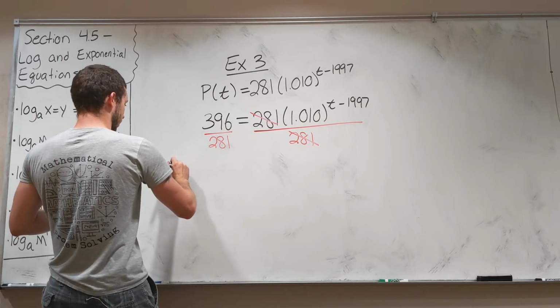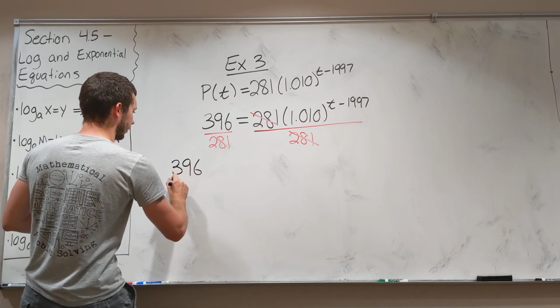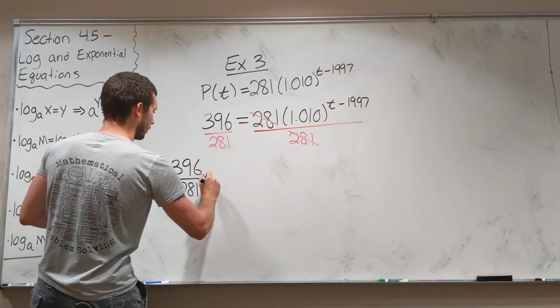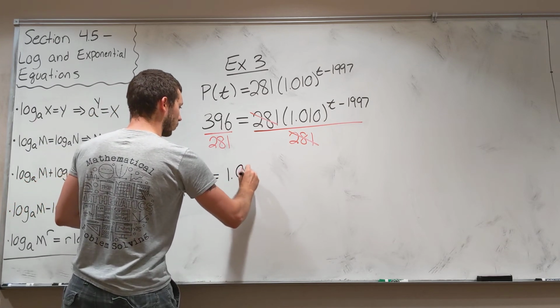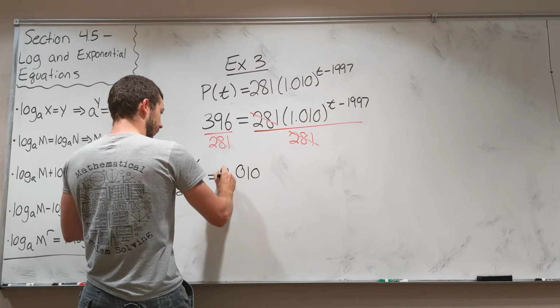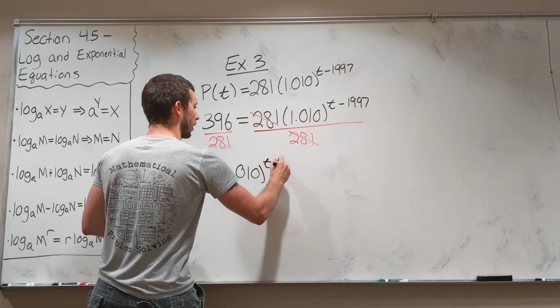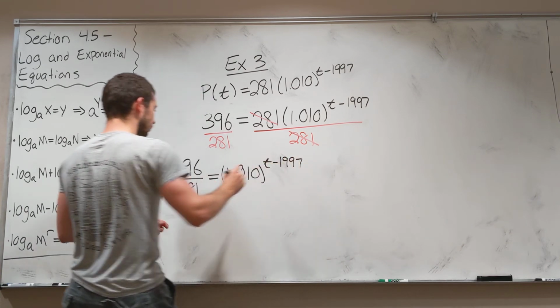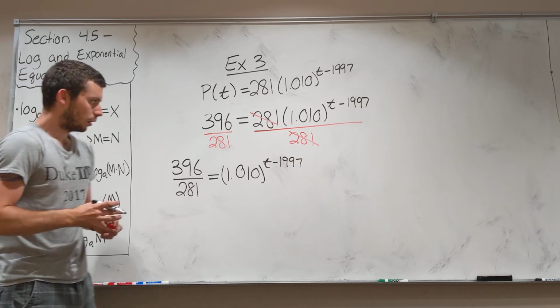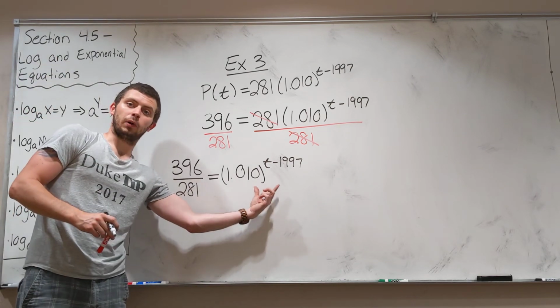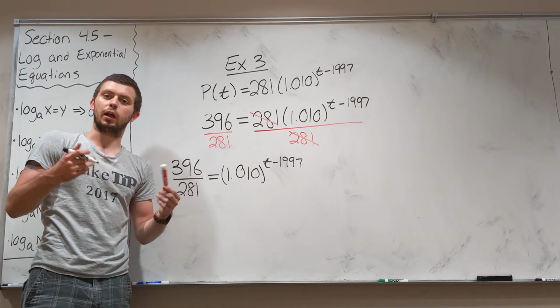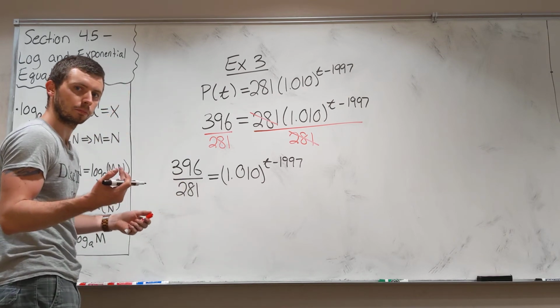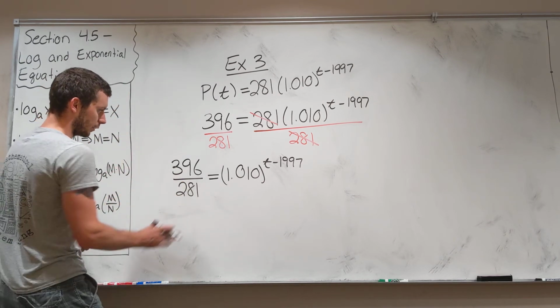And now we have 396 divided by 281 is equal to 1.010, all of that raised to the t minus 1997. And now that we have the exponential part isolated, we can apply the natural log to both sides, as we did before.